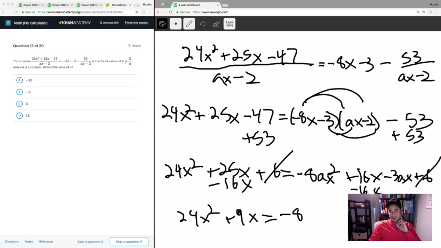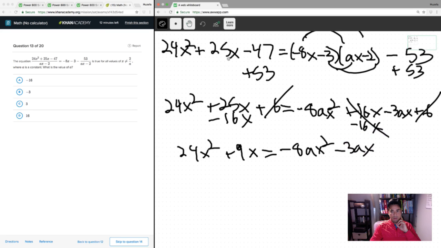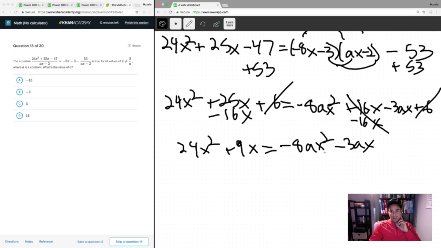Yeah, let's do it step by step. Negative 8ax squared minus 3ax. Let me move this up a little bit. And now we can factor out an a. a times (negative 8x squared minus 3x), and we're going to set that equal here.